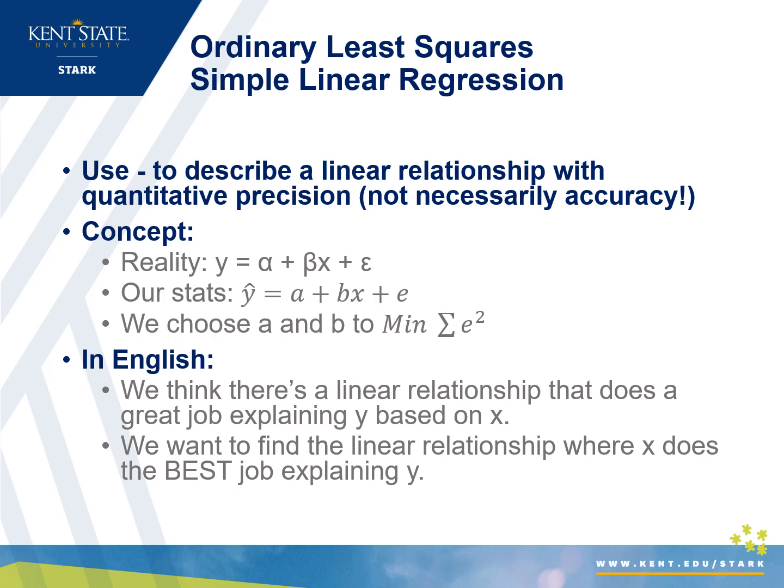To find that estimate, what we're going to do is calculate an intercept in our stats equation, that'd be a, and a slope b, that's going to minimize the sum of squared errors. Put another way, we want to find that linear relationship that does the best job explaining or predicting y, minimizing any errors that we get if we try to use our equation and our x values to predict what those y values are.